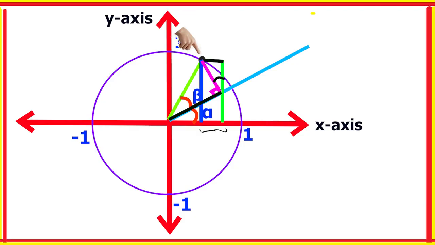This point's x coordinate is cos alpha plus beta. So our target is to find from the origin up to this point, that is cos alpha plus beta. That means from the origin up to this point minus this length. Using the same technique we used for sine alpha plus beta, you can finish the cos alpha plus beta identity. I left it for you as an exercise.